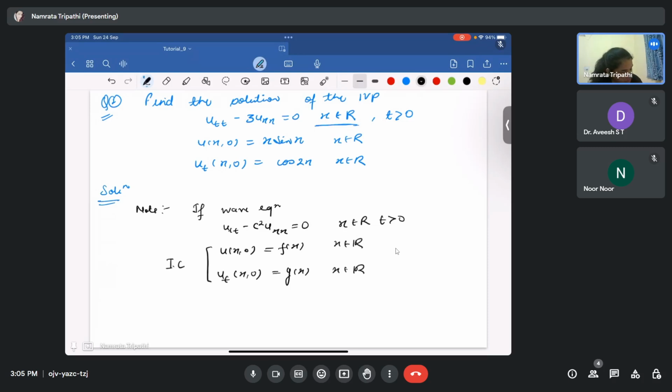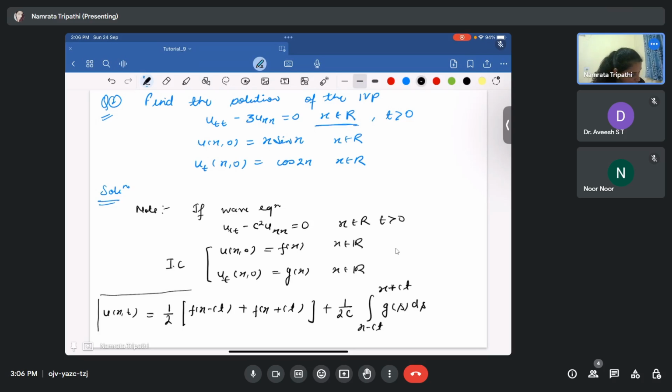In this condition, the solution is given by the D'Alembert formula.